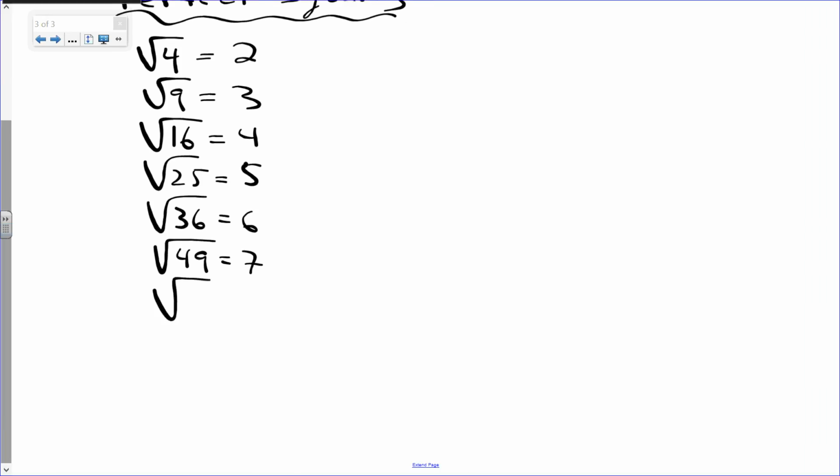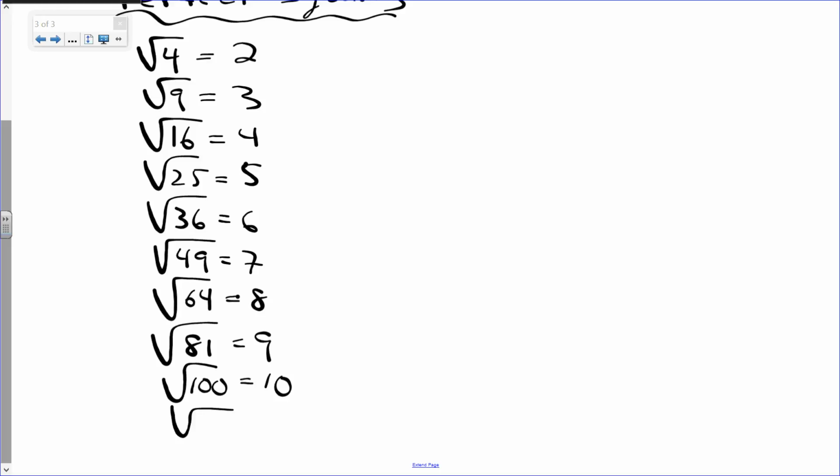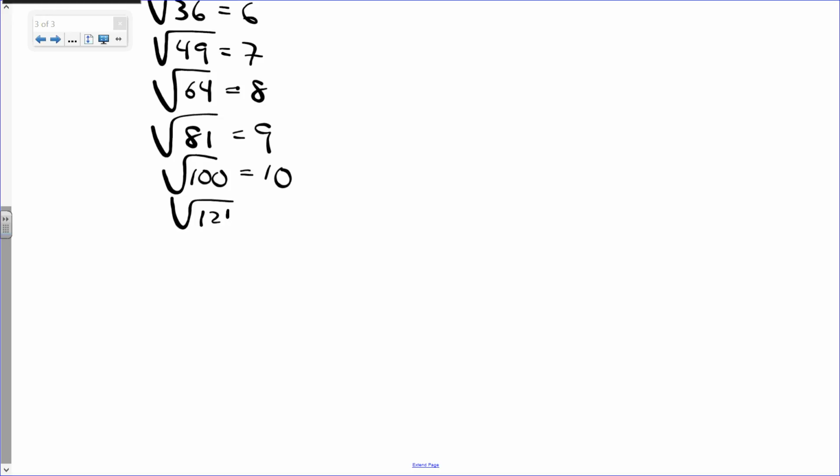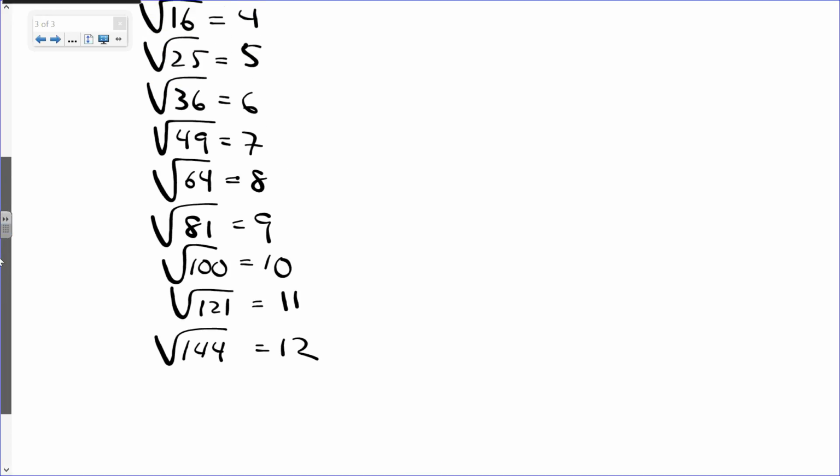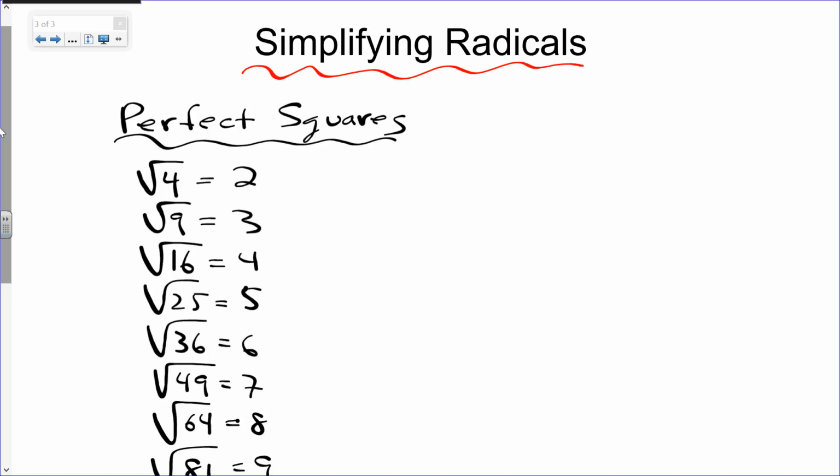Next one up would be 64. 81, huh? 121. Let's go up to 12. And 144. It's an infinite list, correct? But what I mean by perfect squares is this list here, these numbers, 4 and 9, 16, and so on.